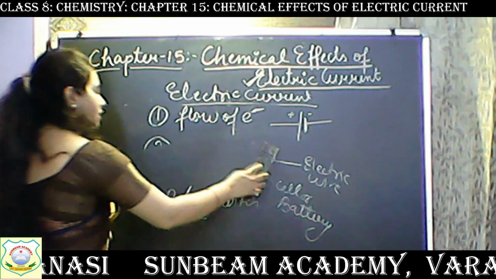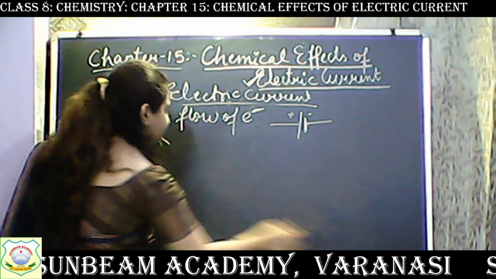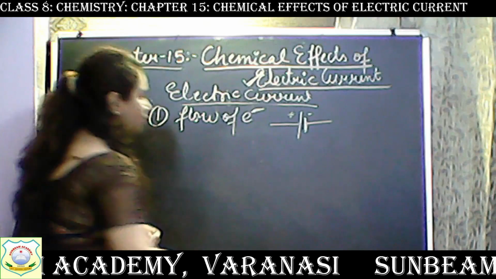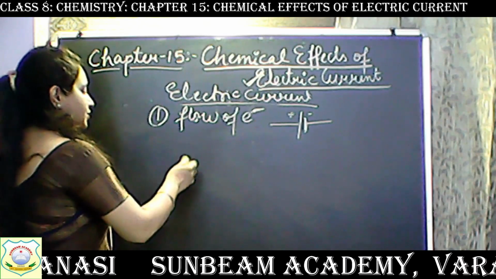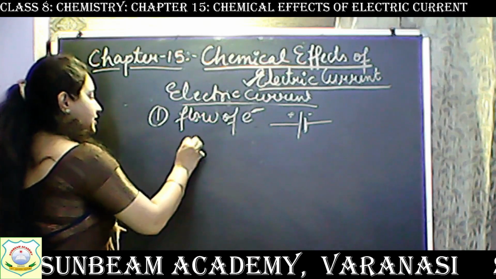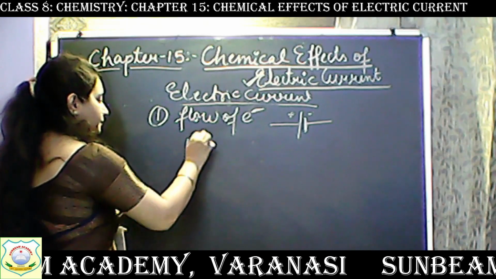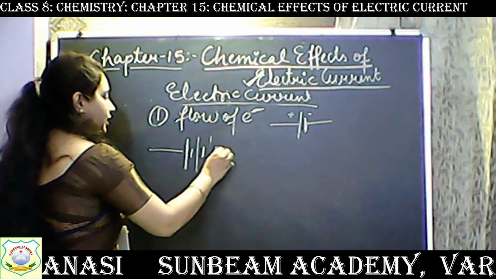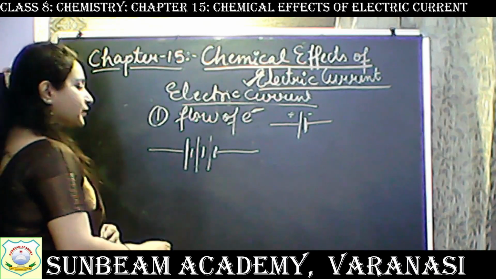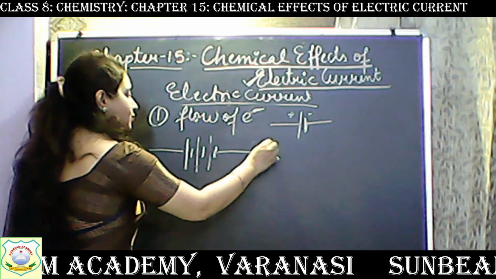Okay, so let's see what a circuit is. So you know the symbols of the various apparatus that we are using here. First let's take a battery. So a battery is represented like this, correct? Now we are connecting a switch here.